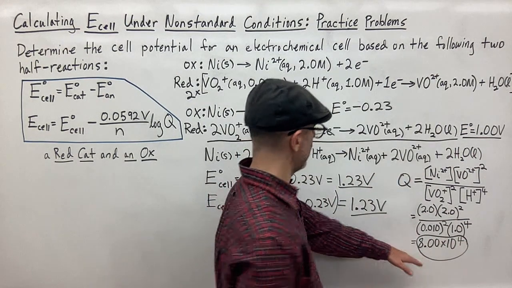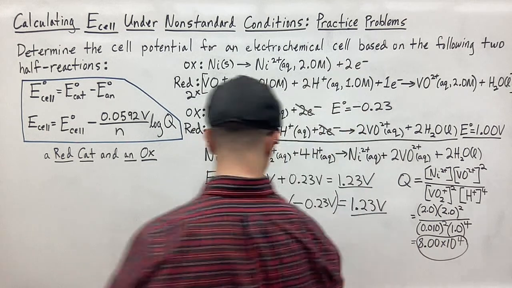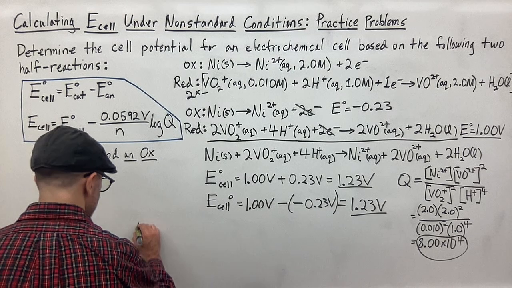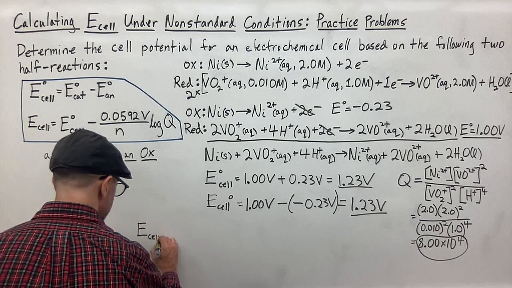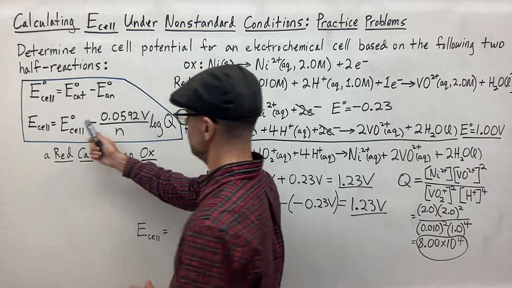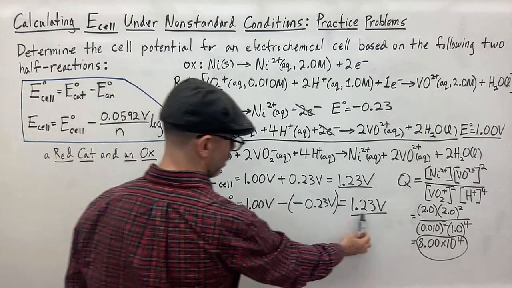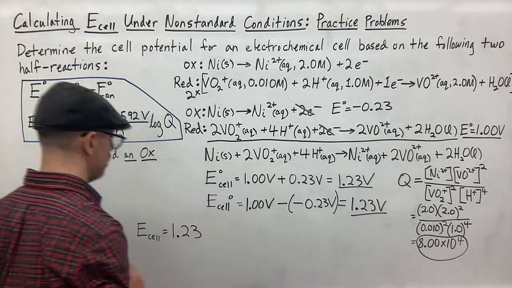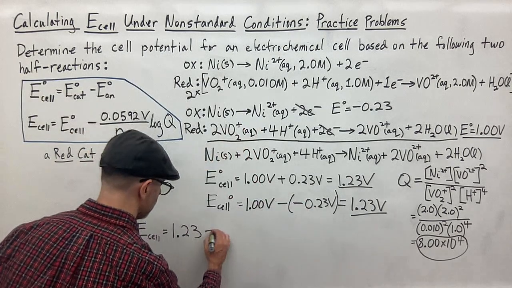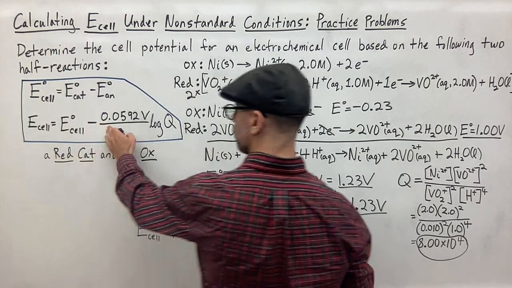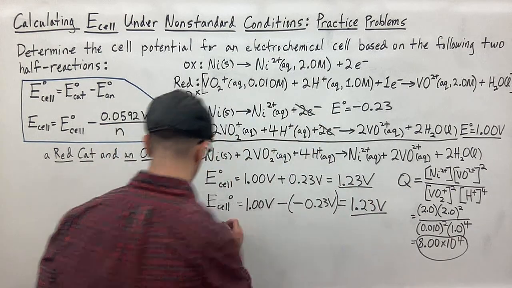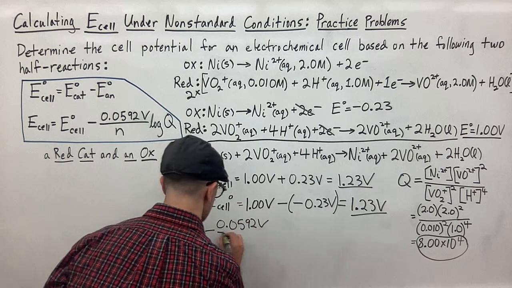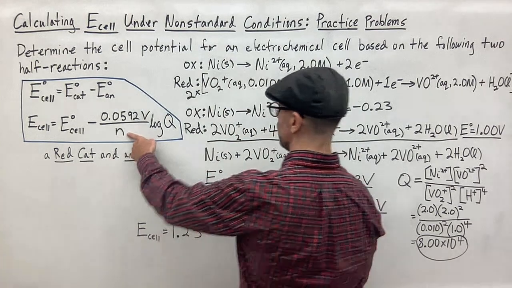So now we can plug that into our Nernst equation. So let's go ahead and write that out here. We have E cell is equal to the standard cell potential, which we calculated here, 1.23, minus 0.0592 volts divided by the number of electrons being transferred.